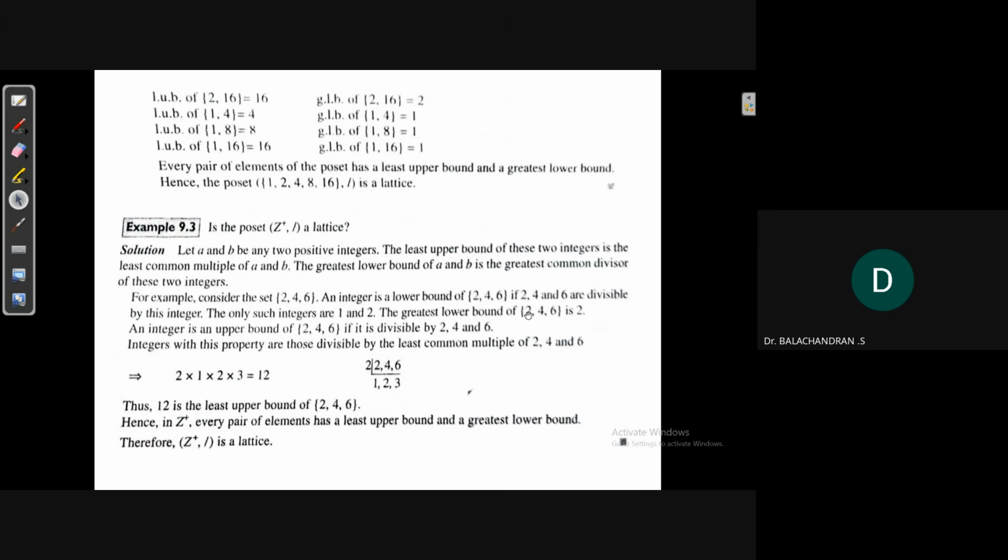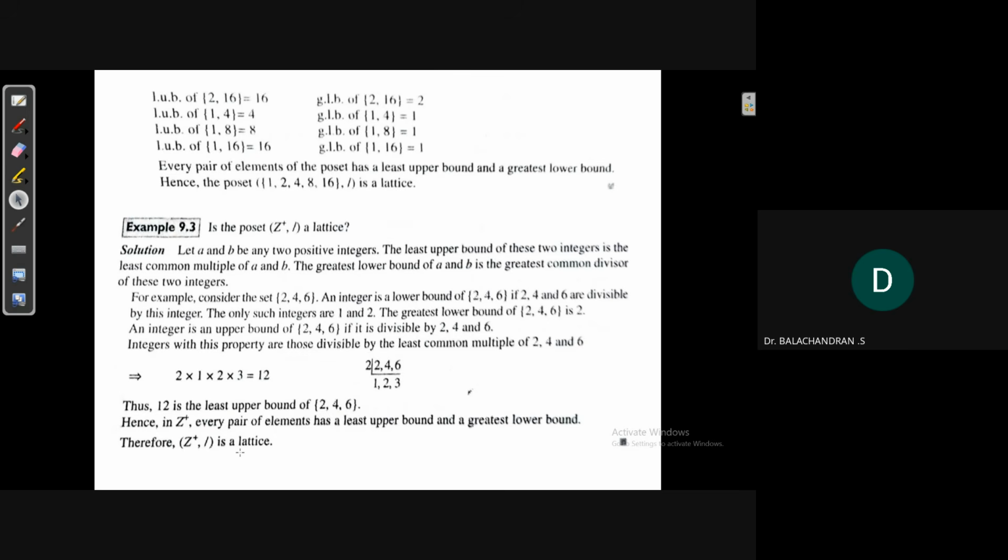Similarly, an integer is an upper bound of 2, 4, 6 if that integer is divisible by 2, 4, 6. So for the least upper bound you need to find the LCM of 2, 4, 6, which is 12. So 12 is the least upper bound, which also exists. Hence in Z plus, every pair of elements has a least upper bound and a greatest lower bound. Therefore, Z plus with division is a lattice.